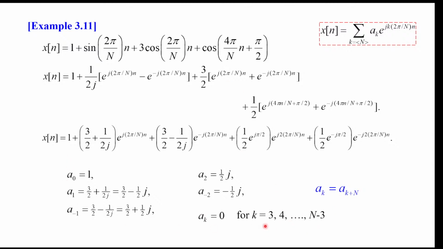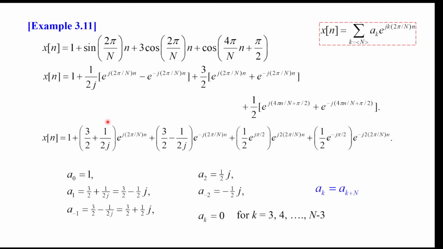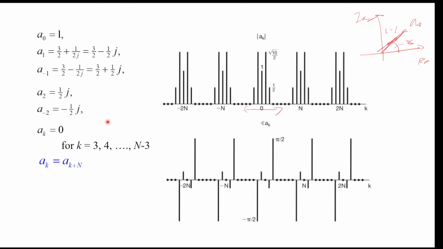And so we plot this on a line. Once again, we plot the ak on a line as a function of k. But ak is now complex numbers, so we plot the ak with amplitudes and phases, and the angle. So we are plotting ak in polar coordinates.